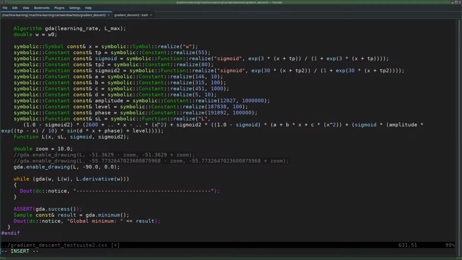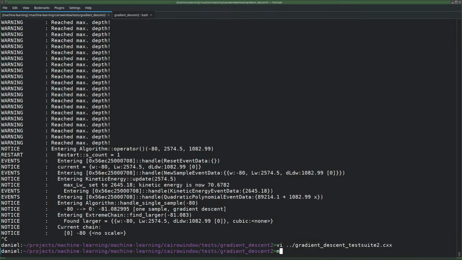So I could do x minus 85. Let me think. Then I don't need the x, right? This can be gone. Must be negative because you want to go to minus infinity. Maybe that must be a maximum, right? So something like this. And then this must definitely be higher. Let's begin with a guess of 40.